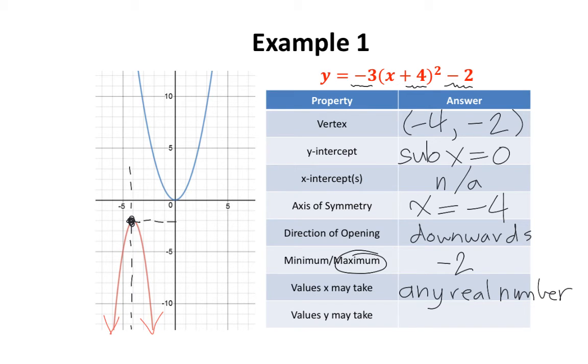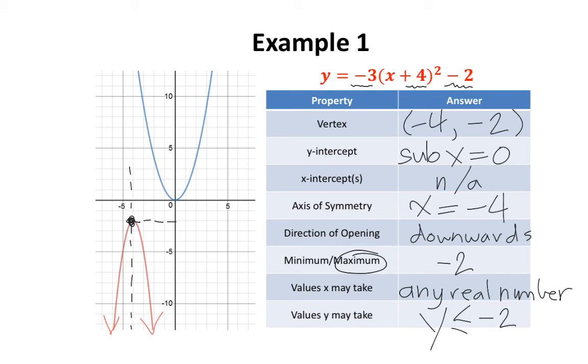And last but not least, we want to determine what values y may take. So we want to see what values of y will actually give us a value of x for this parabola. And you can see that the y values have to be less than -2. So I'm going to write y has to be less than or equal to -2.